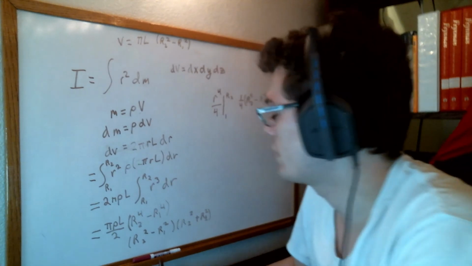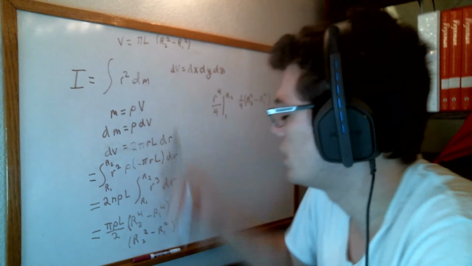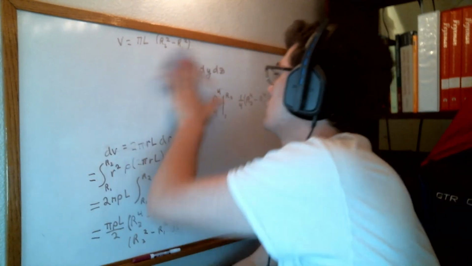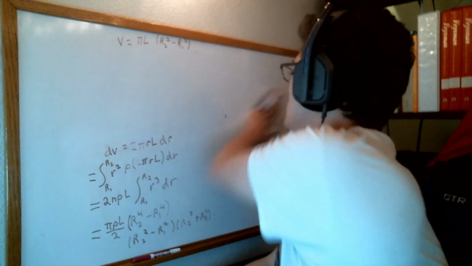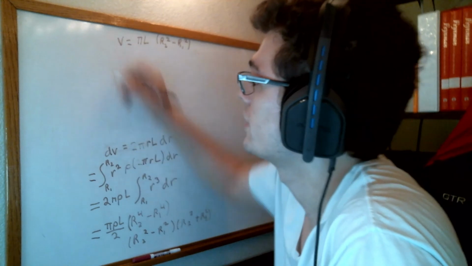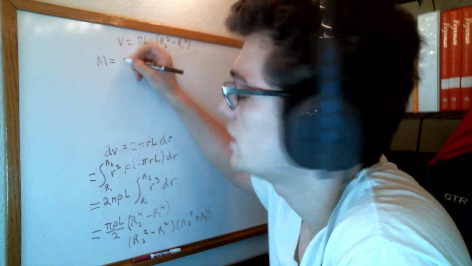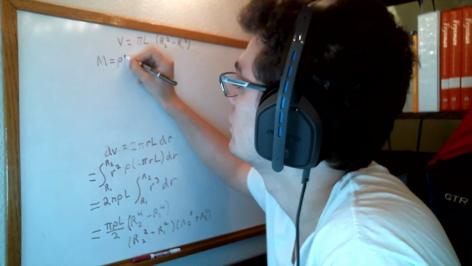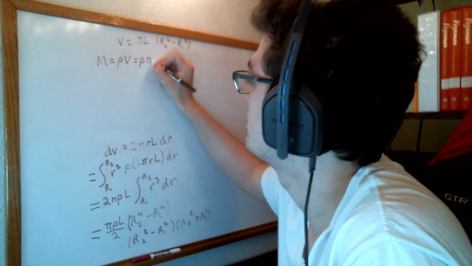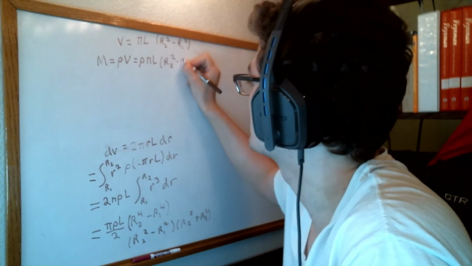And so from there we can replace some of the parts of our result with the actual volume itself of the cylinder. And we can also write that its mass, M, is going to be equal to rho times V, which then gives us rho pi L times R2 squared minus R1 squared.